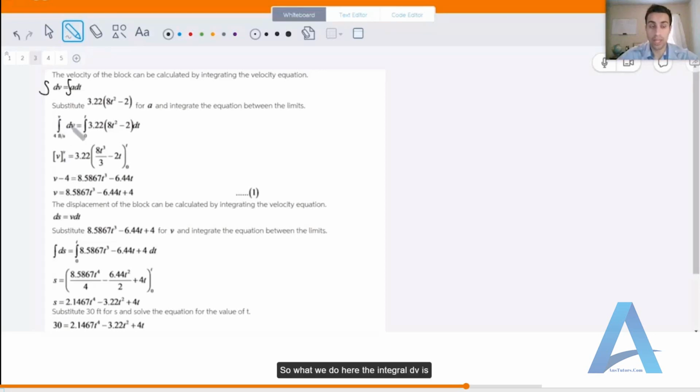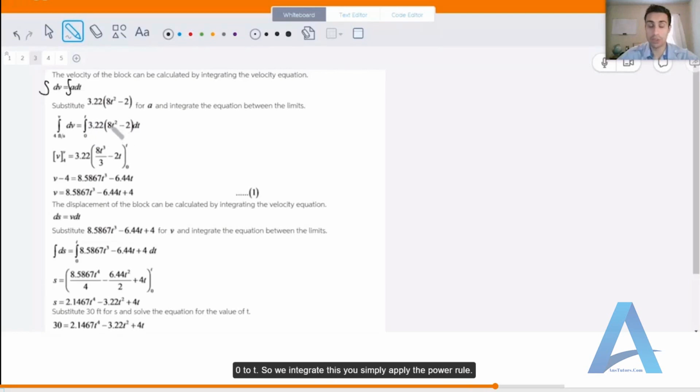The integral of dv is simply v, from 4 to v, equals the integral from 0 to t. We start at time 0 and end at t.